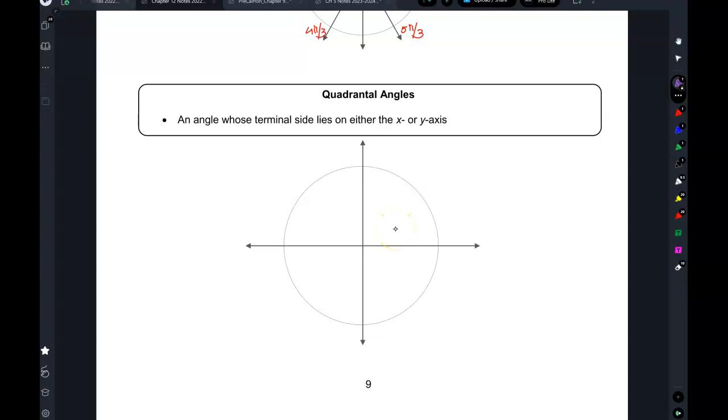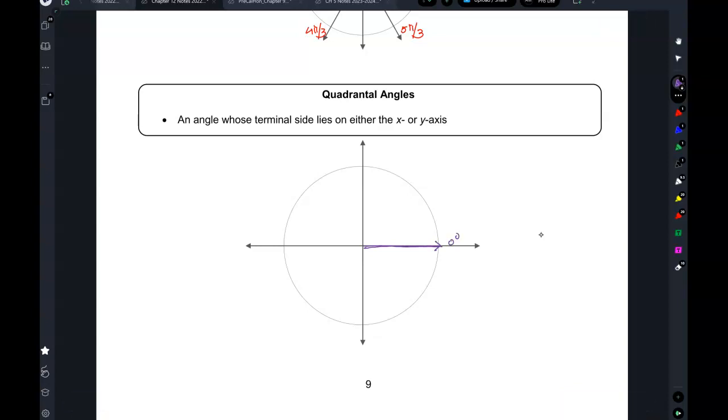So, when the terminal side of an angle lies on one of the axes, it is called a quadrantal angle. For example, if this is the initial side, and I want to draw a 0-degree angle, that's pretty much the 0-degree angle.